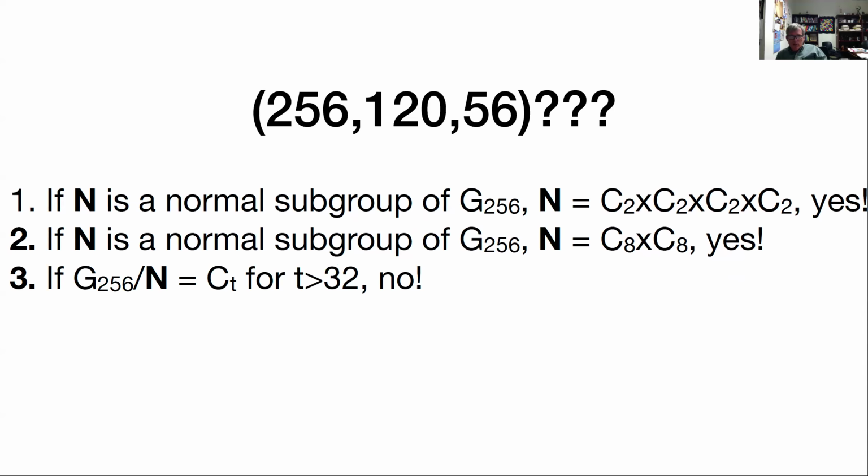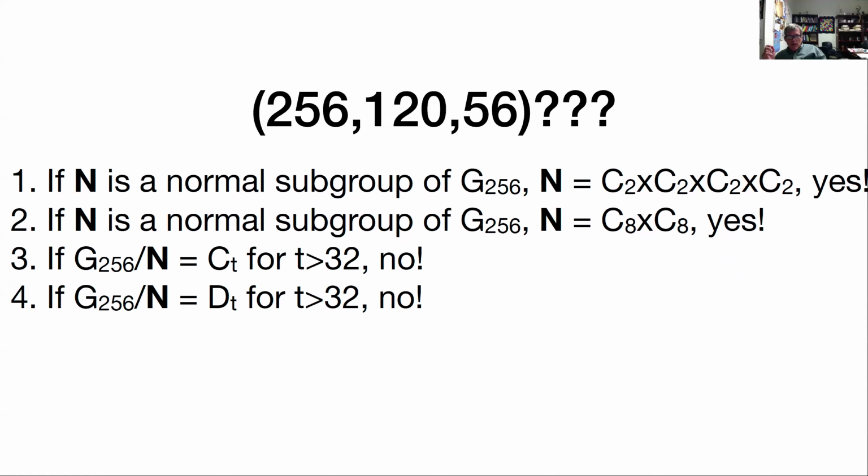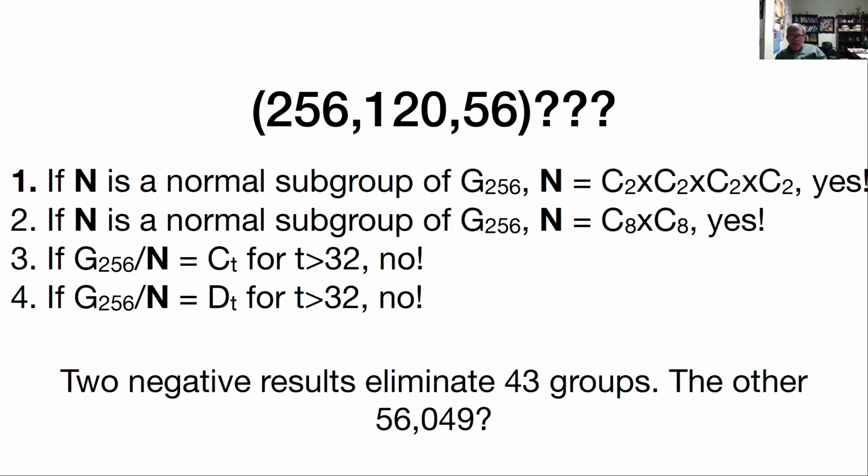If there is a cyclic image of order bigger than 32 or a dihedral image of order bigger than 32, the answer is no. Those two non-existence criteria together get rid of 43 groups. But that still leaves thousands of groups that we don't know the answer to, and people are chugging away on that.